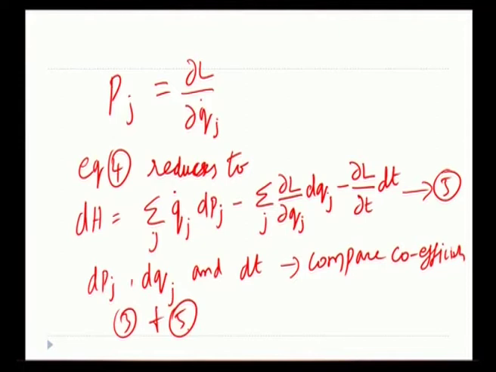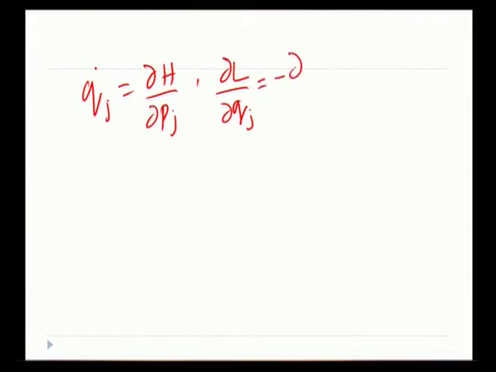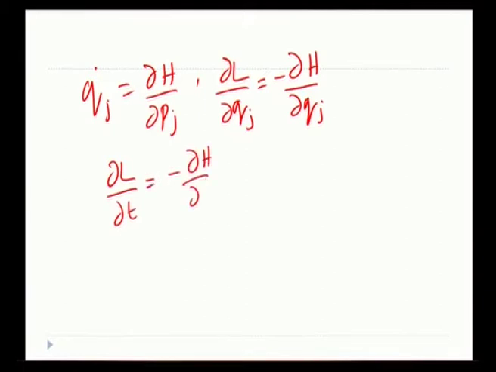From equations 3 and 5 we got Qj dot is equal to dou H by dou Pj, then dou L by dou Qj is equal to minus dou H by dou Qj, then dou L by dou t is equal to minus dou H by dou t.